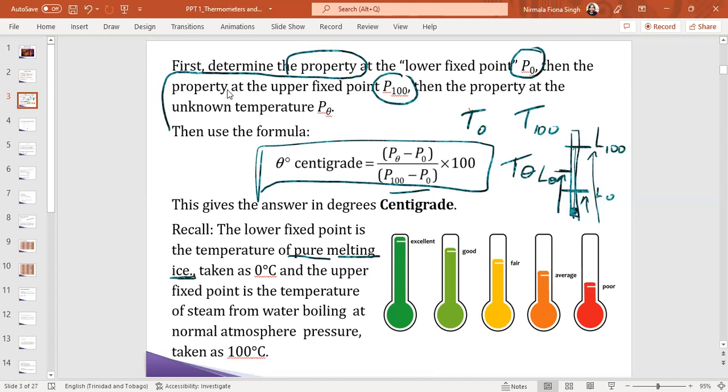Folks who are here, do you know why we use melting ice as opposed to solid ice? Yes, because melting ice is at 0 degrees Celsius. Kind of.